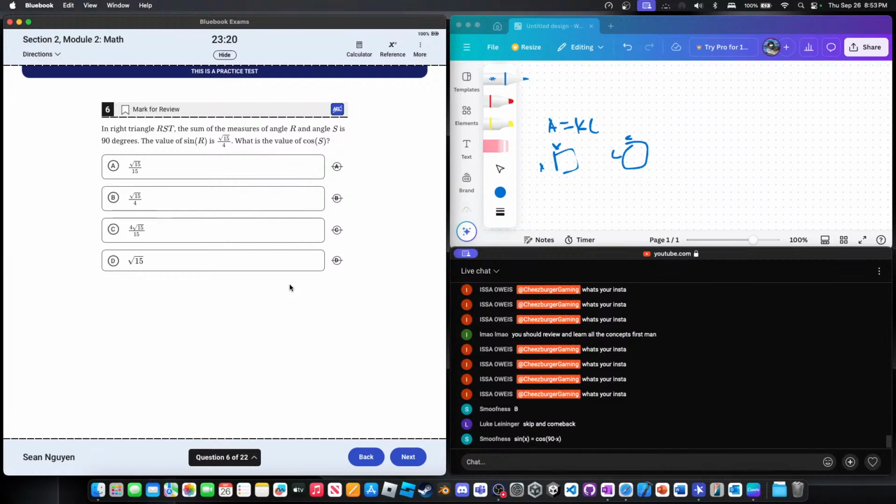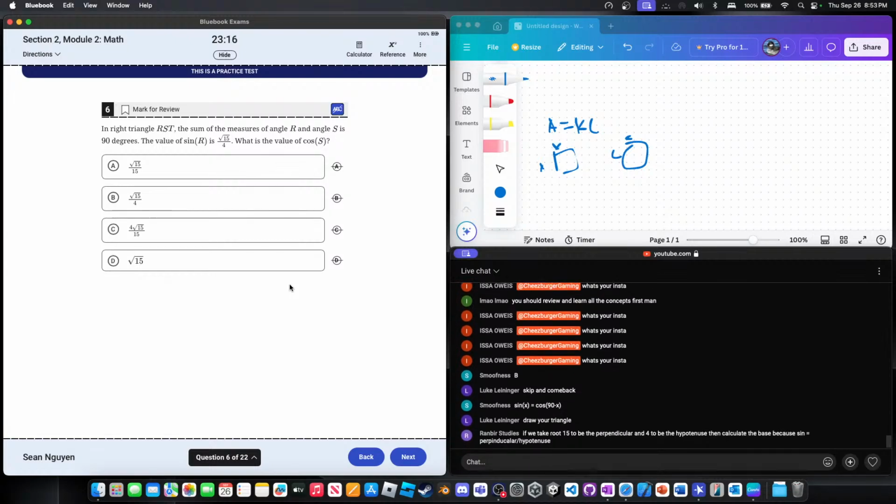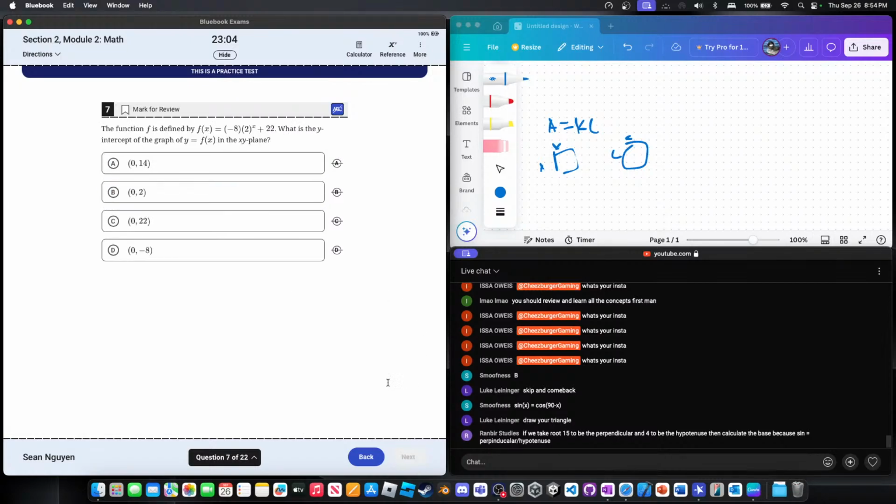What is the value of cosine S? Cosine S. So adjacent over hypotenuse. So it's going to be root 15 over 4. That took me way too long, guys.